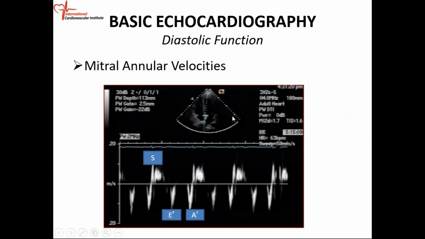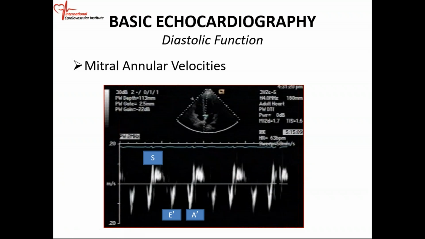So this is your probe right there. Apical four-chamber view. Cursor is across this is your mitral annulus right here. This is the medial mitral annulus. The lateral mitral annulus is right there.